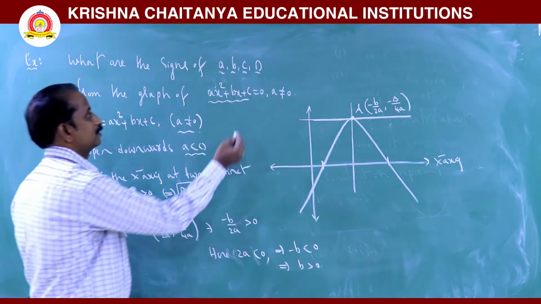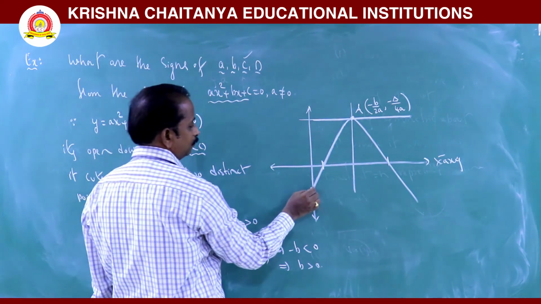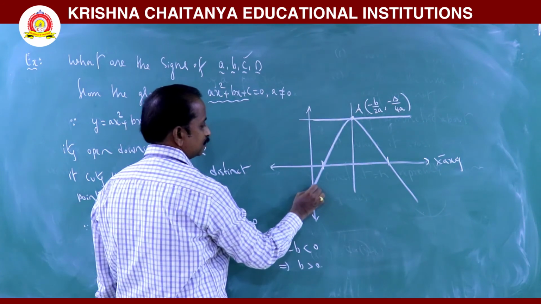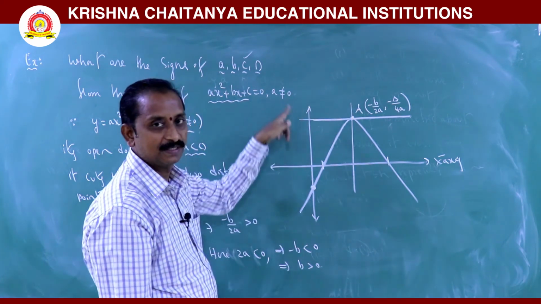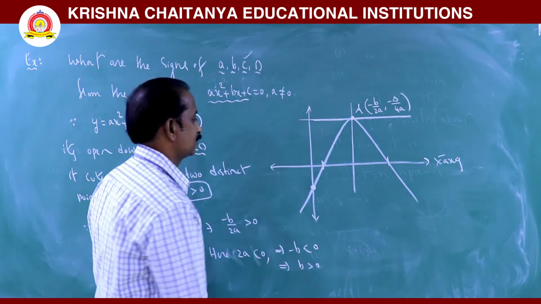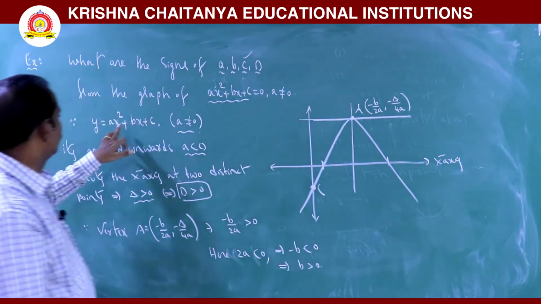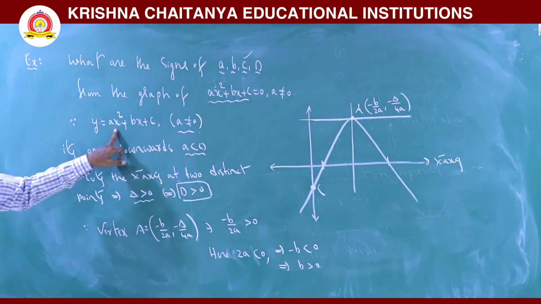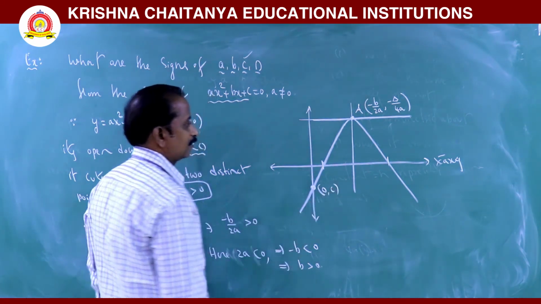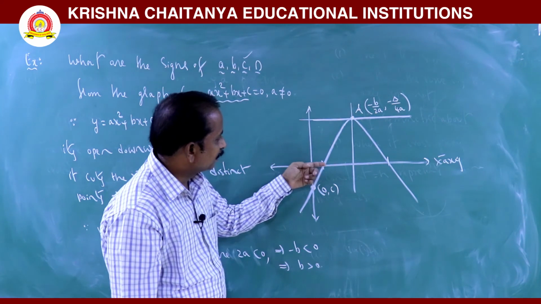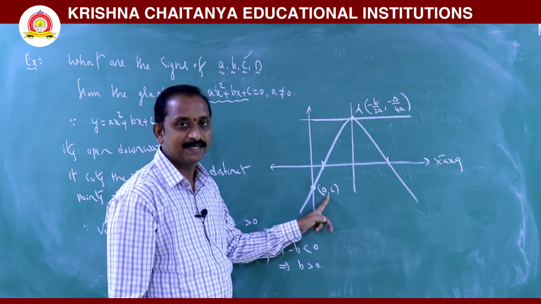And next, what do we want? The position of c. How do we get it? The curve crosses the y-axis. Crossing the y-axis means let us put x as 0. So it is a into 0, b into 0, which is the point 0 comma c. What is our conclusion? It lies below the x-axis, and below the x-axis means the point is negative.